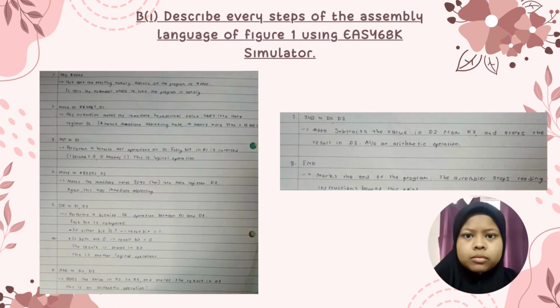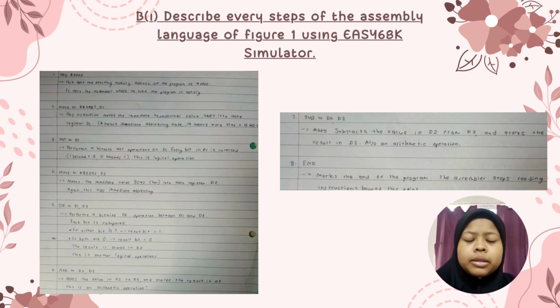In this program, the instructions demonstrate both logical and arithmetic operations using different addressing modes. The program starts at memory address 2000. First, an immediate value AB7 is moved into register D1, and the NOT instruction inverts all bits in D1. Then another immediate value 5E92 is moved into D3.